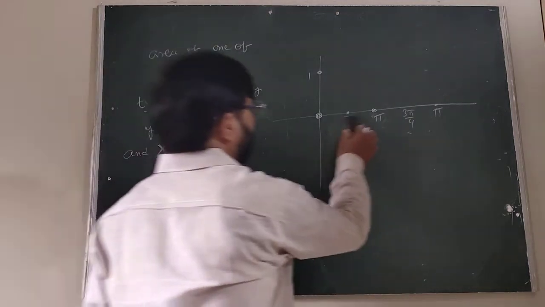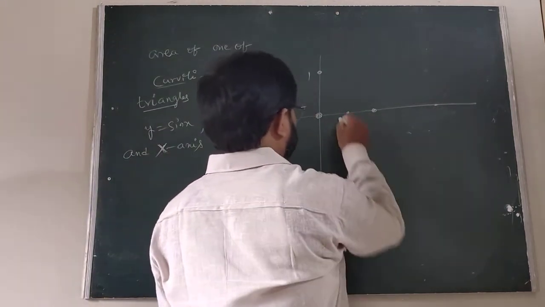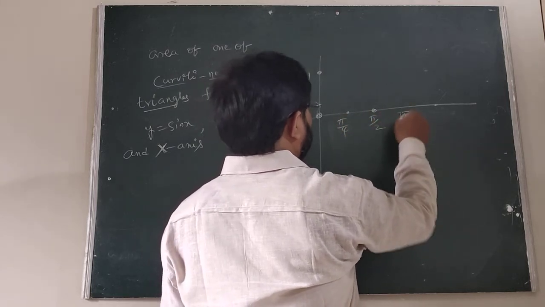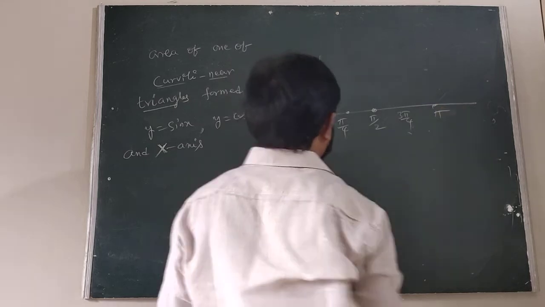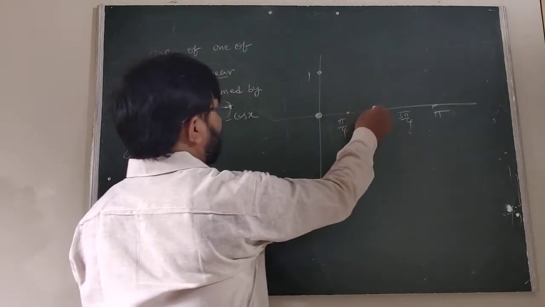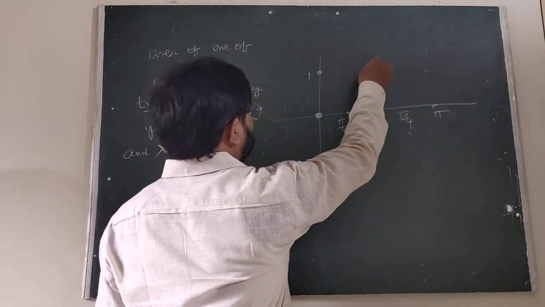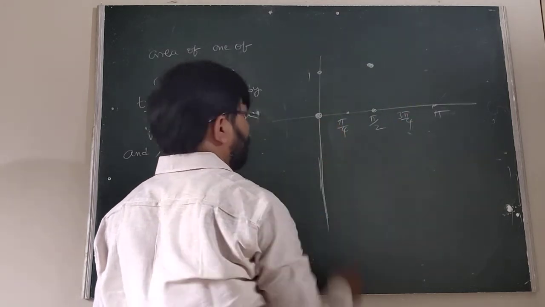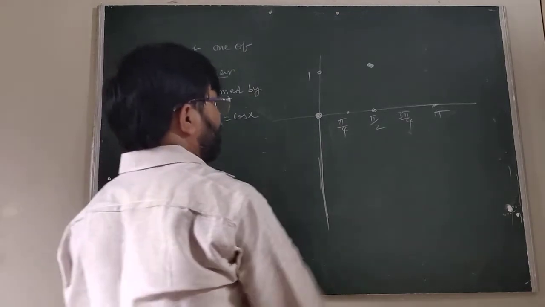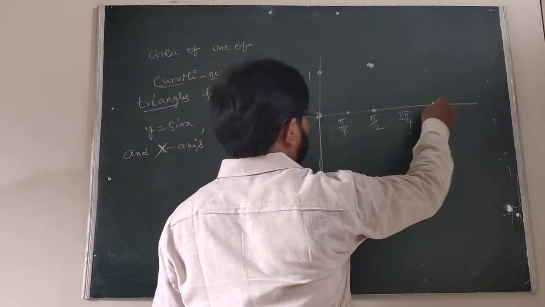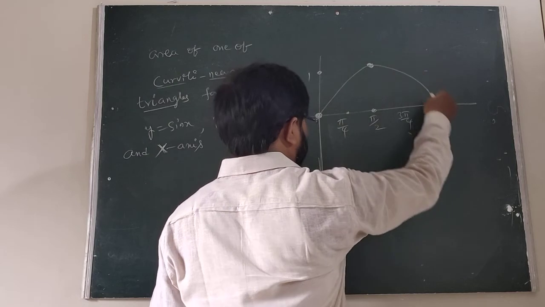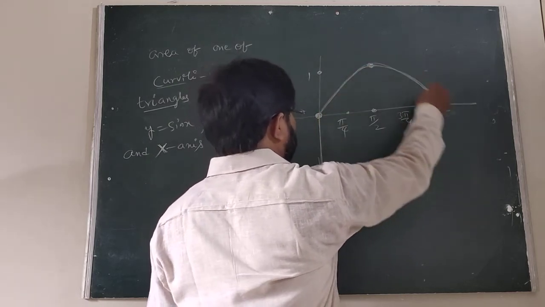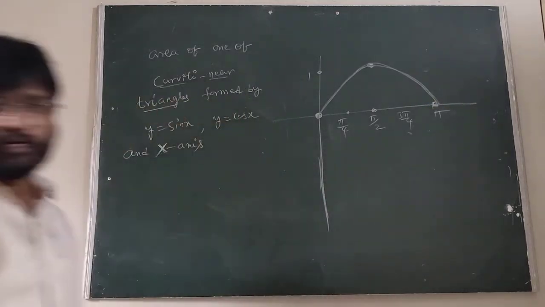First 45, after that 90, 3 pi by 4, next pi. Sin 0 is 0, sin 90 is 1, sin 3 pi by 4, and sin pi is 0. This is the sine graph between 0 and pi. Is it clear, students?